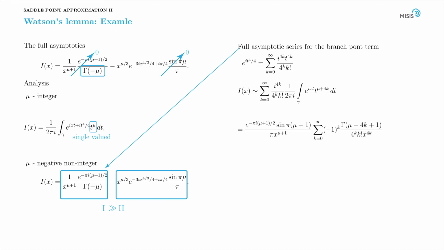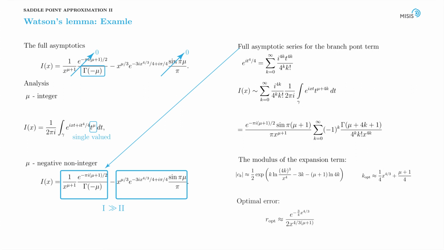The optimal remainder term, as usual, can be estimated by the minimal expansion term as a function of k. Assuming that the optimal k is large, we use Stirling formulas for the gamma function and factorials. So the modulus of the expansion term can be estimated as follows. The optimal k is easily found by differentiation of the exponent. And the value of the optimal remainder term is as follows.